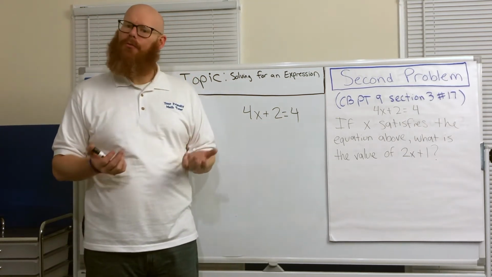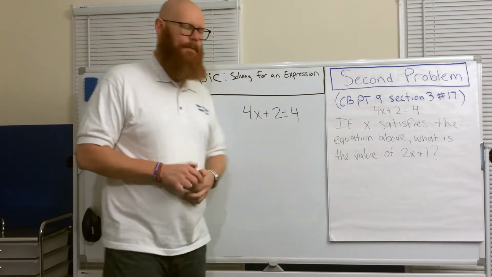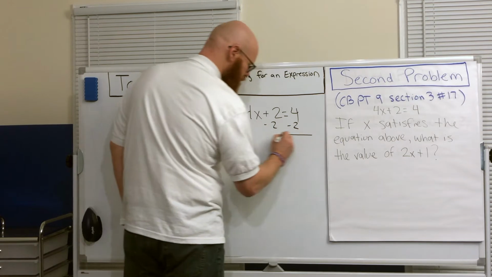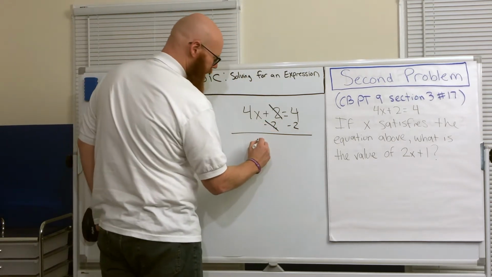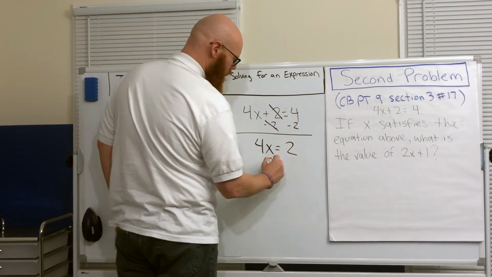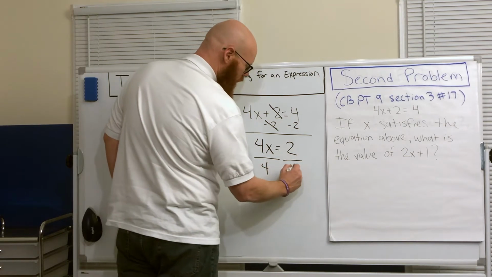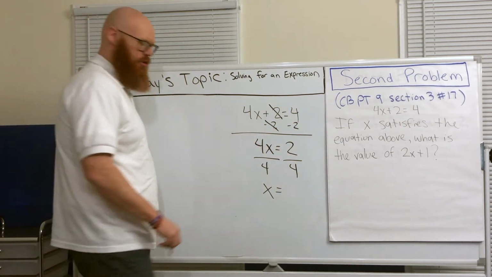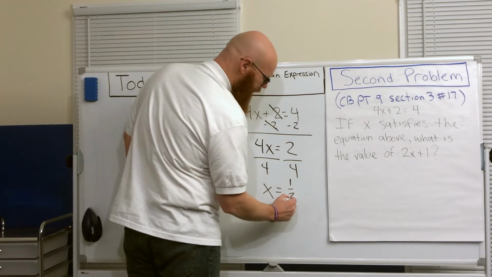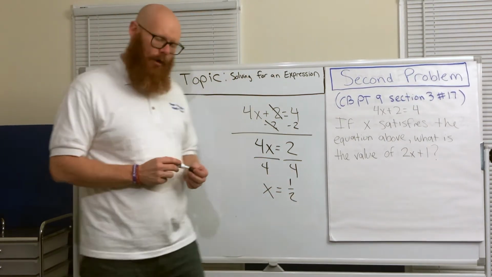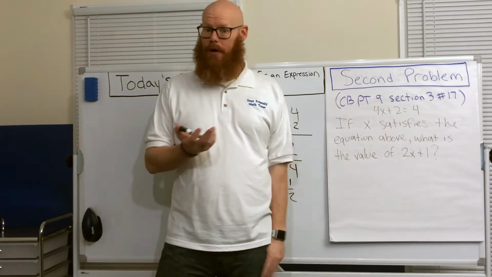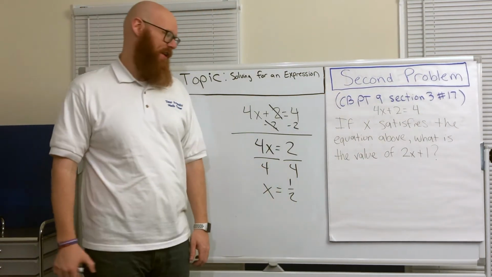But again, let's go through it really quickly and talk about the school way. In the school way, I would subtract 2, so I get 4x equals 2. I would divide by 4. Now I've got 2 over 4, which is 1/2, and I've got a fraction. I know a lot of you probably don't like dealing with fractions. This is section 3, so you don't have a calculator to just punch it into.